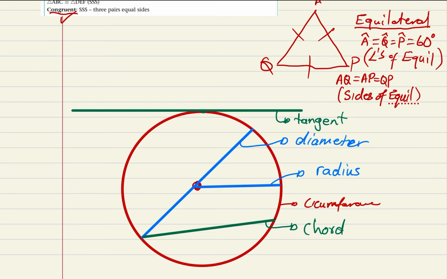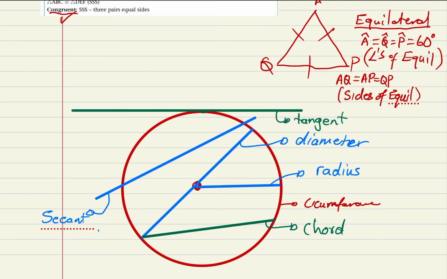Now let us continue a bit again. We have another line that is very mysterious, and you need to know it. It goes from outside getting inside and going outside. Its name is a secant.